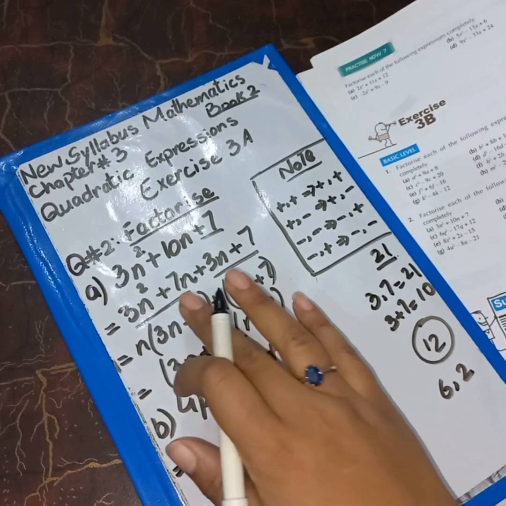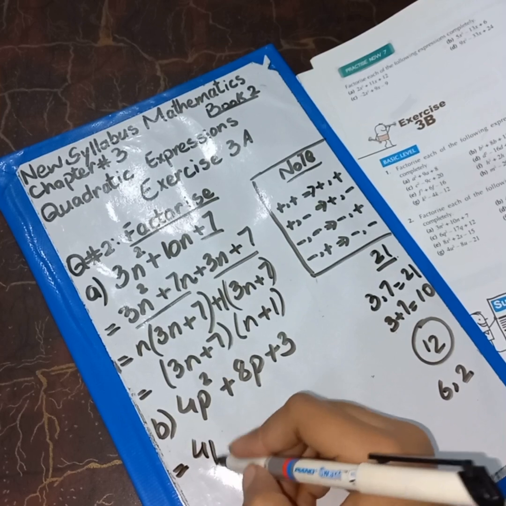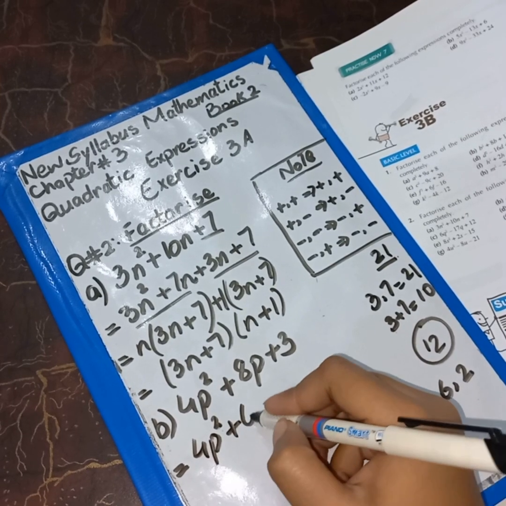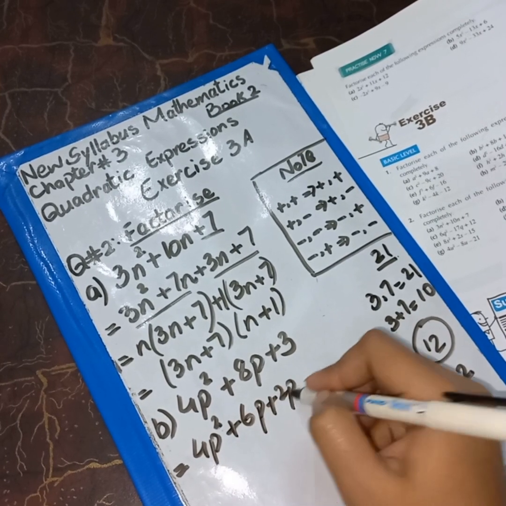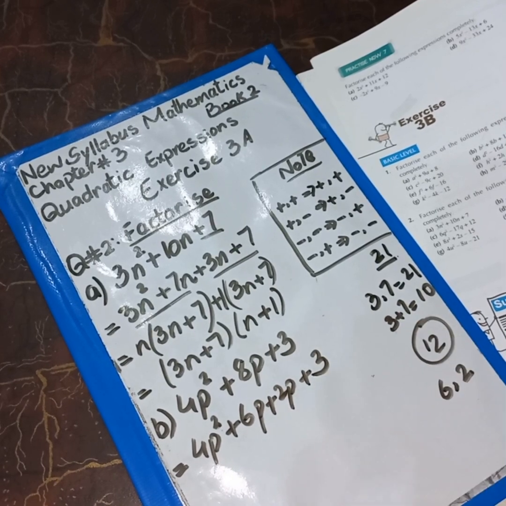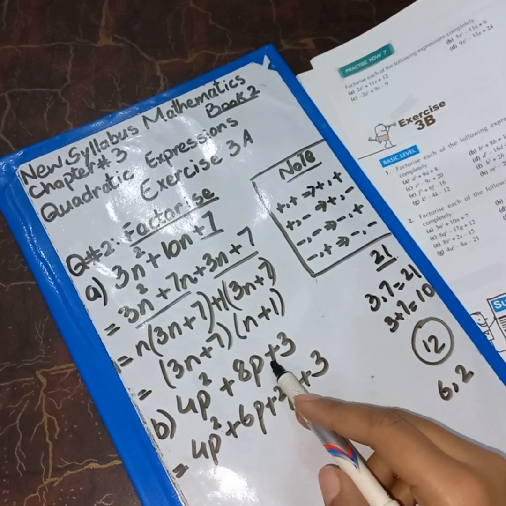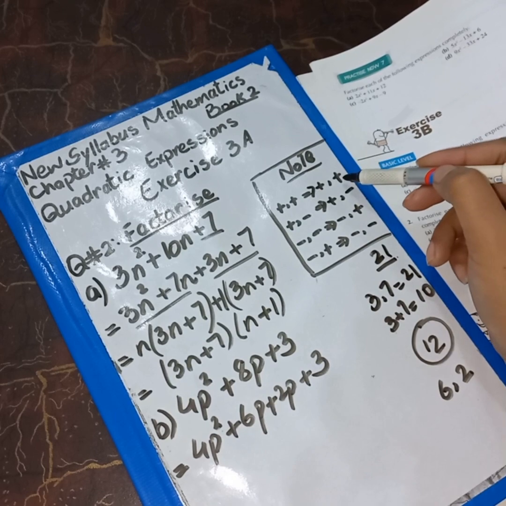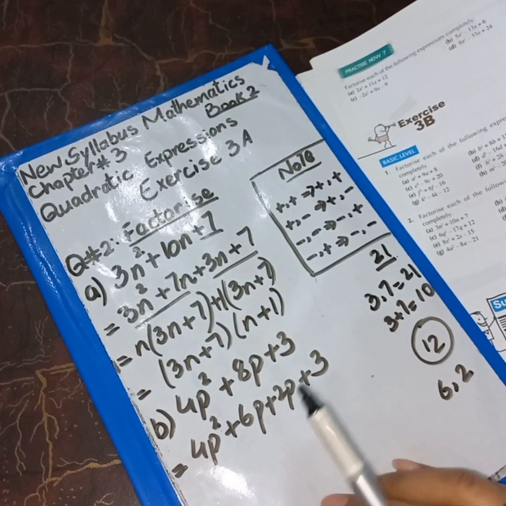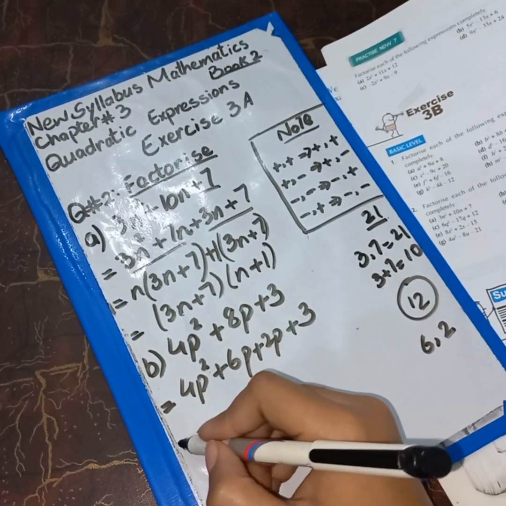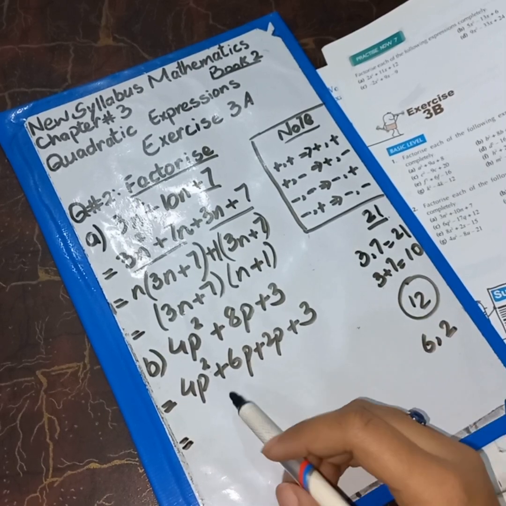Again we will use the same thing as in part A. So 4p square plus 6p plus 2p plus 3, the constant, will come as it is. As in the question it was plus plus, we have used the pair plus plus again. Now let's take common.